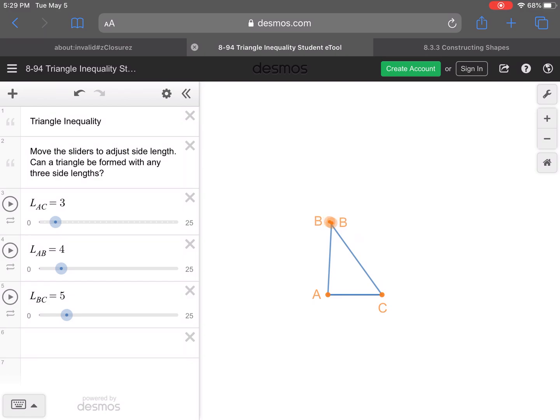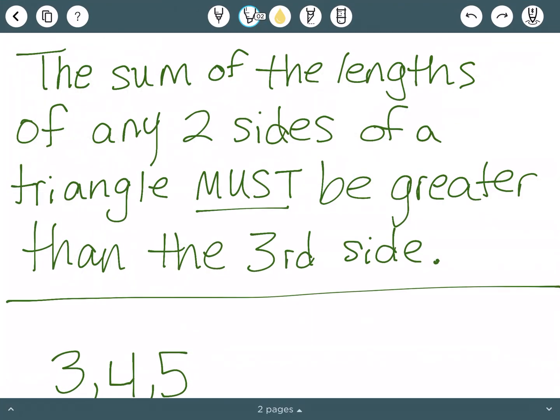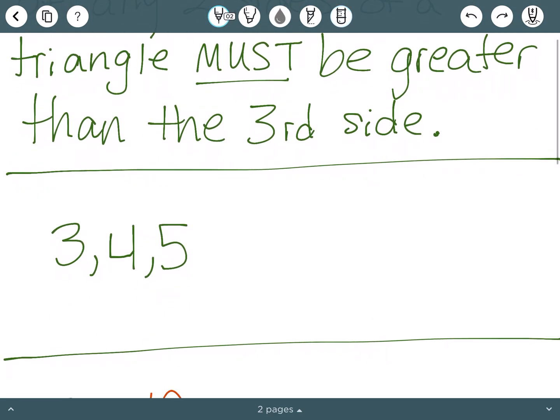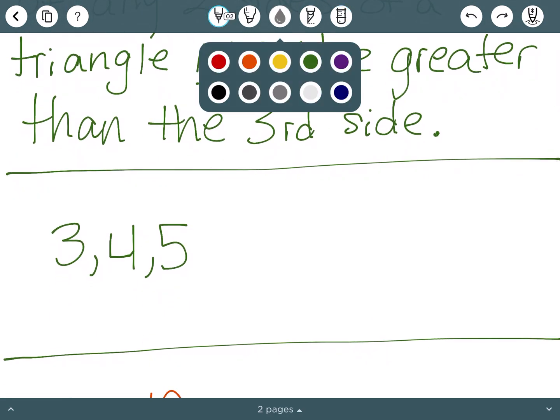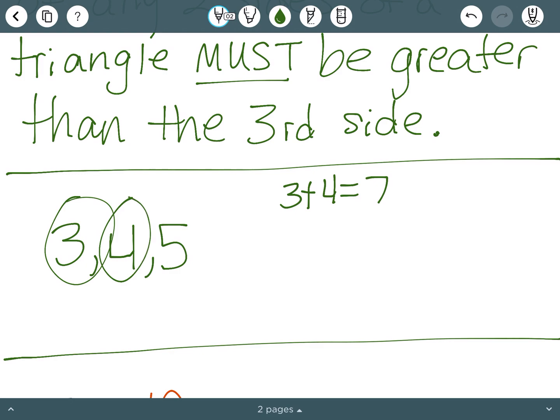So let's go ahead and take a look at what this means when we say that any two sides must have a greater sum than the third side. Let's take sides 3 and 4 first. If I add 3 and 4, I get 7. I was adding these two sides.